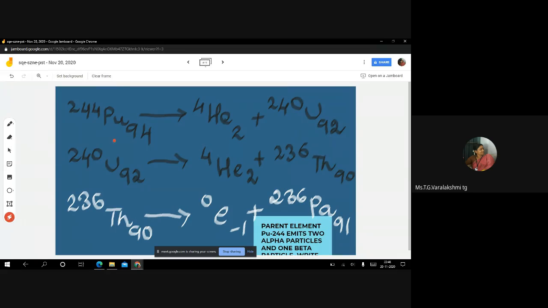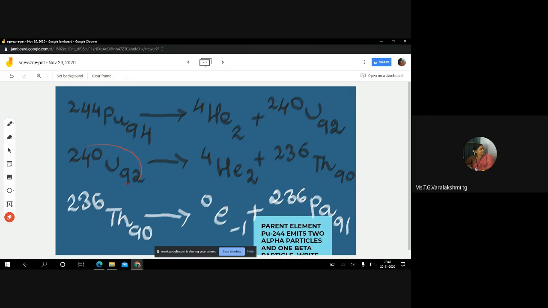Plutonium 94 undergoes alpha decay, that is, it must emit a helium nuclei. Accordingly, you balance the atomic number as well as your mass number. You will get uranium.